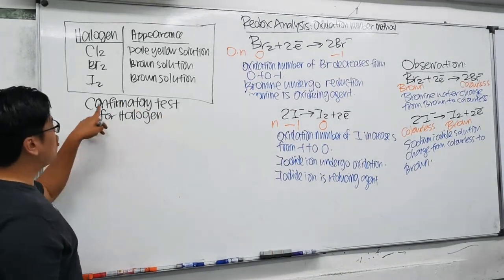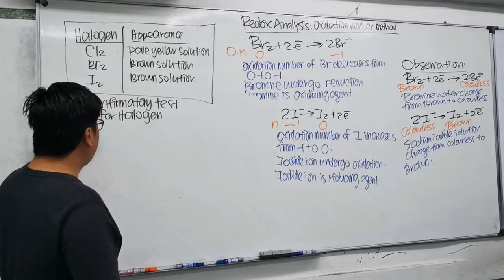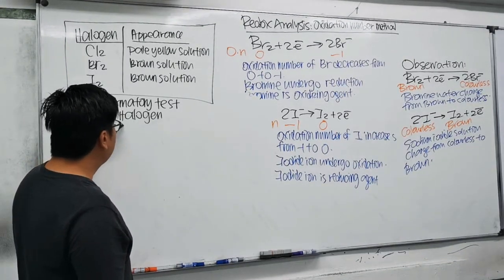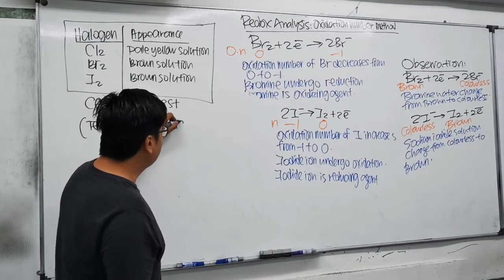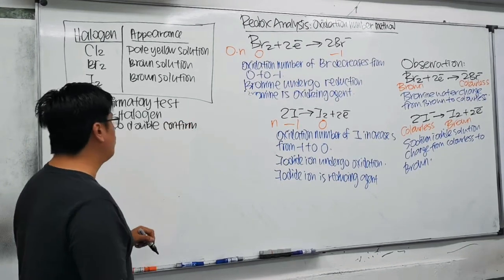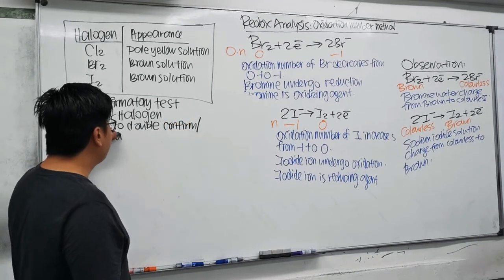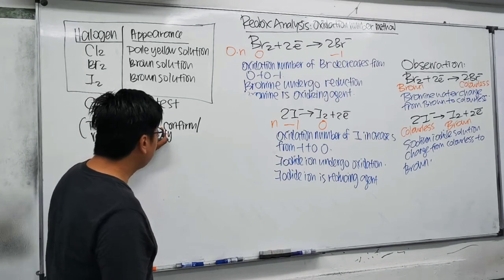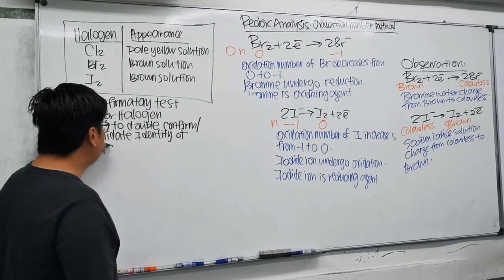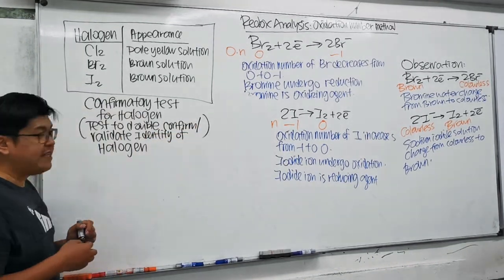If you want to confirm what halogen, confirmatory test is a test to help us double confirm or to validate. It helps us to confirm or validate the identity of halogen. So after you do this test, you will be very, very sure what halogen is there.